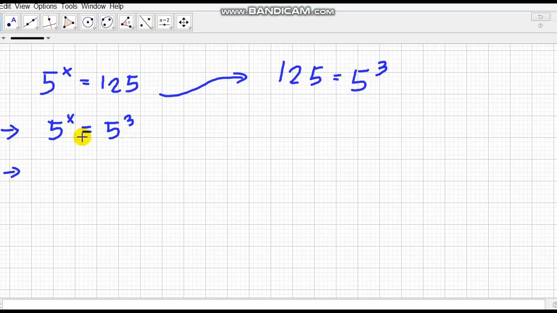Next, we see here that 5 raised to x is equal to 5 cubed. They have the same base, but one is raised by x and the other is raised by 3. By using the one-to-one property, we can conclude that the exponents themselves are equal. So x is equal to 3. This is our answer. X is equal to 3.